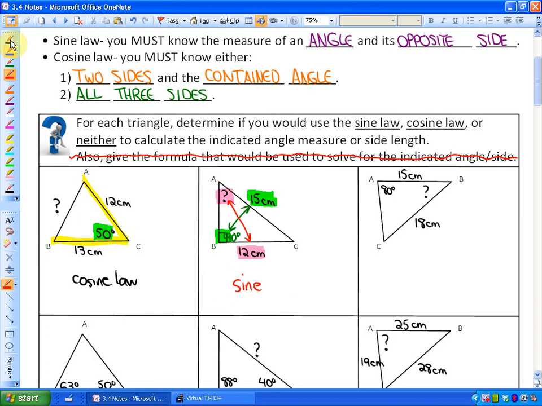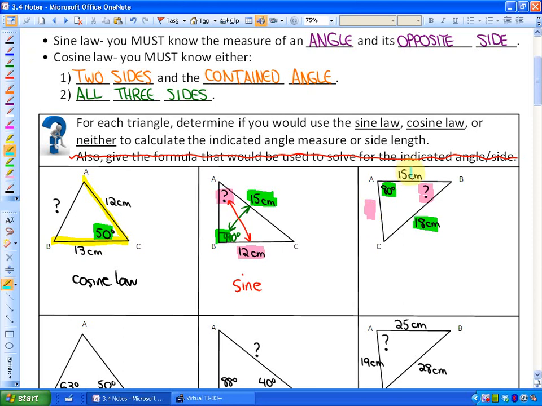Our next problem. We are given an angle and its opposite side. However, we are not given the side that's opposite this angle, so we don't know this side either. At this moment, it looks like we can't solve for anything.